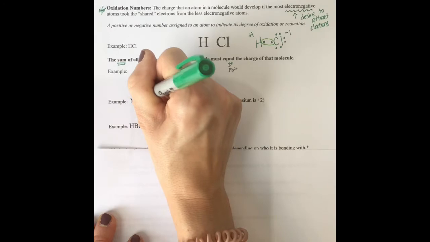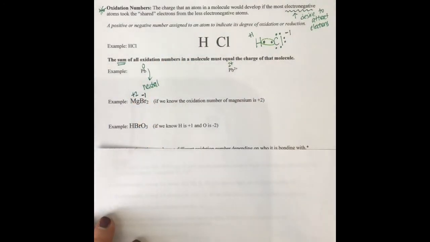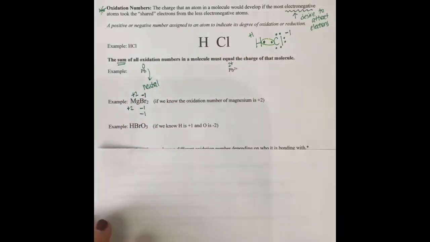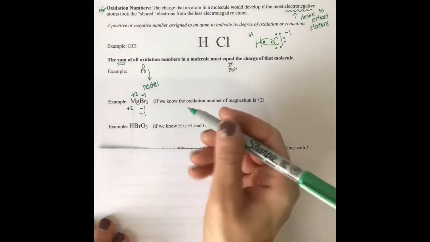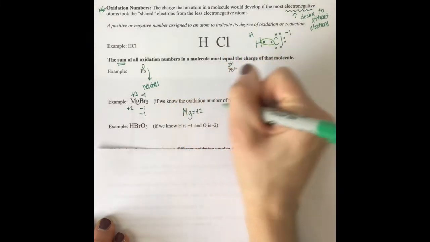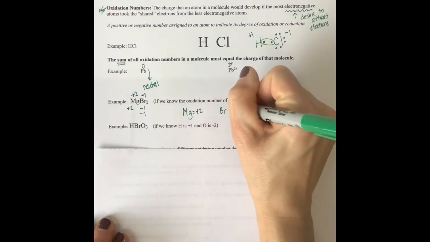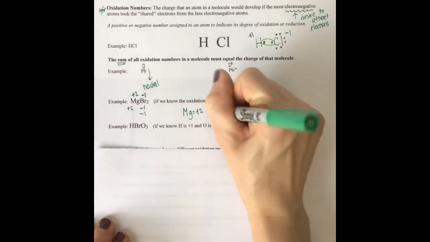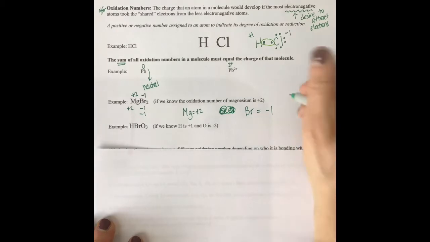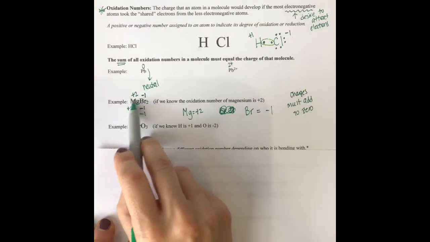If each one is a -1, then we'll have a +2 from magnesium and a -1 from each bromine, and overall, this will equal 0. So magnesium is a +2 and bromine is a -1. Let me rewrite that for you. They must add up to 0 when you have a neutral molecule.